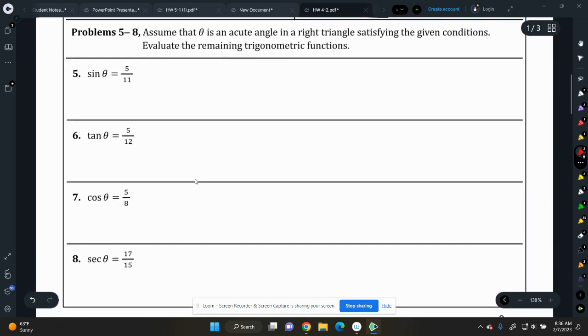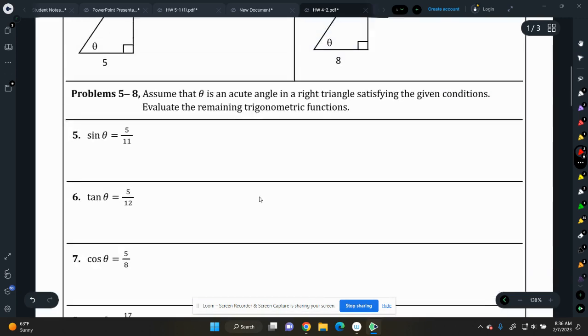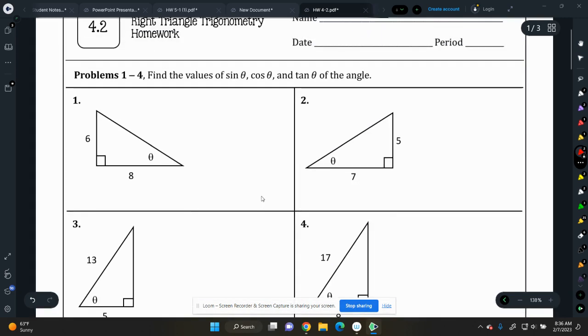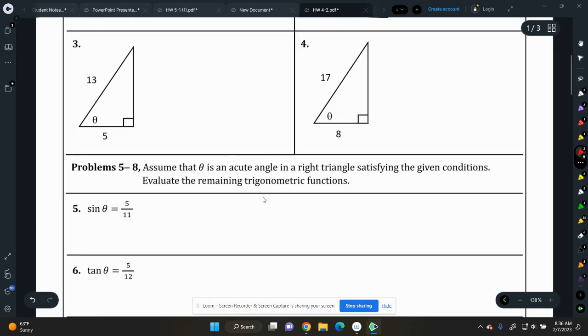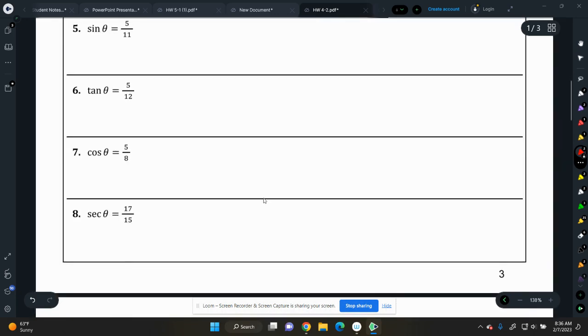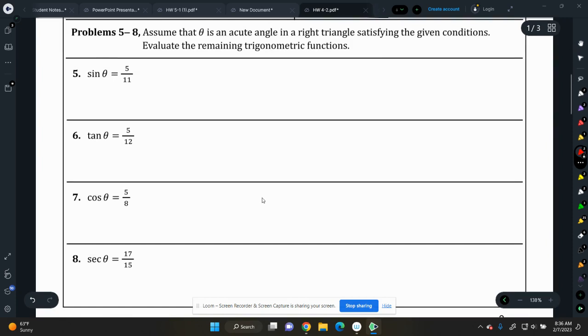Yeah, okay, you're just going to do numbers 1 through 8. 1 through 8, okay? And we will have a homework quiz on this next time we meet, which is what? Tomorrow? Okay. Questions for me? Okay.